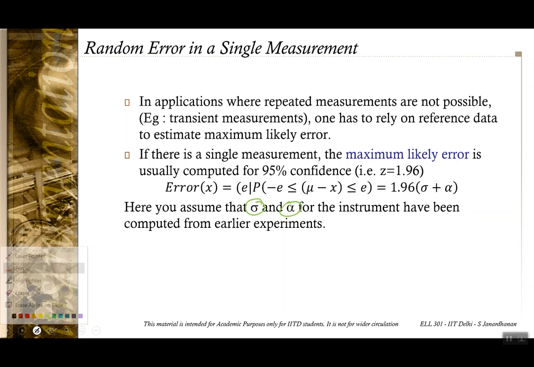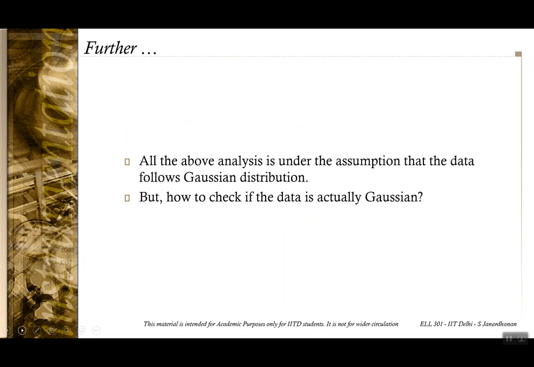Now, there is still one question that is not really clear. All the above analysis was done under the assumption that the data actually follows a Gaussian distribution and that we have some idea about the mean and standard deviation of the data.